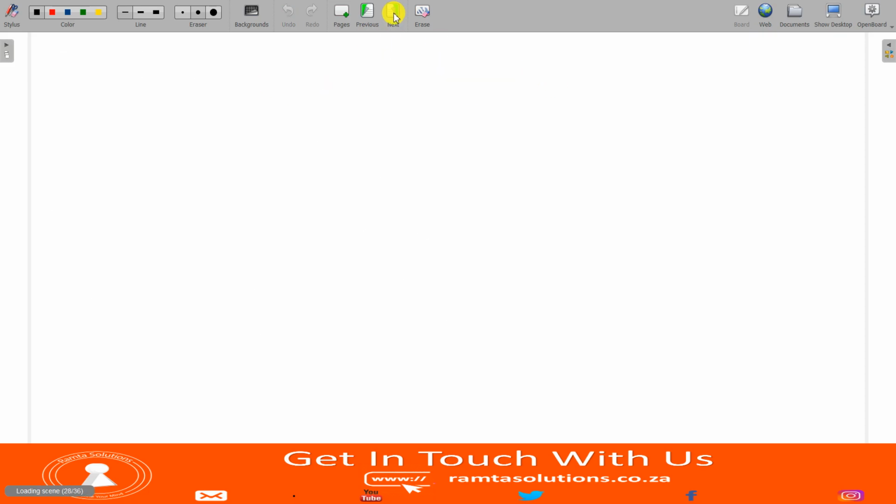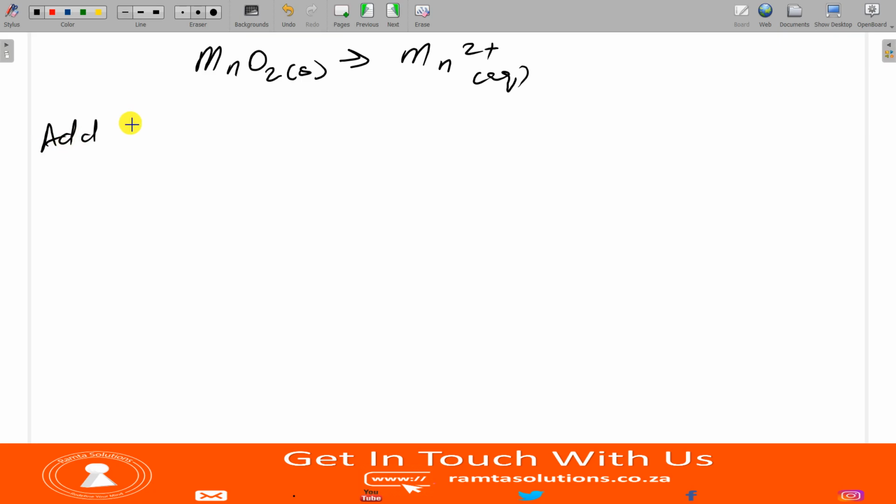Now, MnO2 and Mn2+. MnO2 solid and Mn2+ aqueous. Now add H2O on the product, to balance the oxygen.